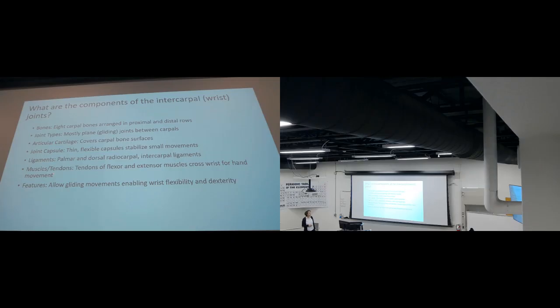And we have then this gliding movement that allows flexion and extension, but also bringing the wrist toward the medial part of our body, which will be adduction, or bringing it away, which is abduction, like this, but in this case it's going to be our hand.